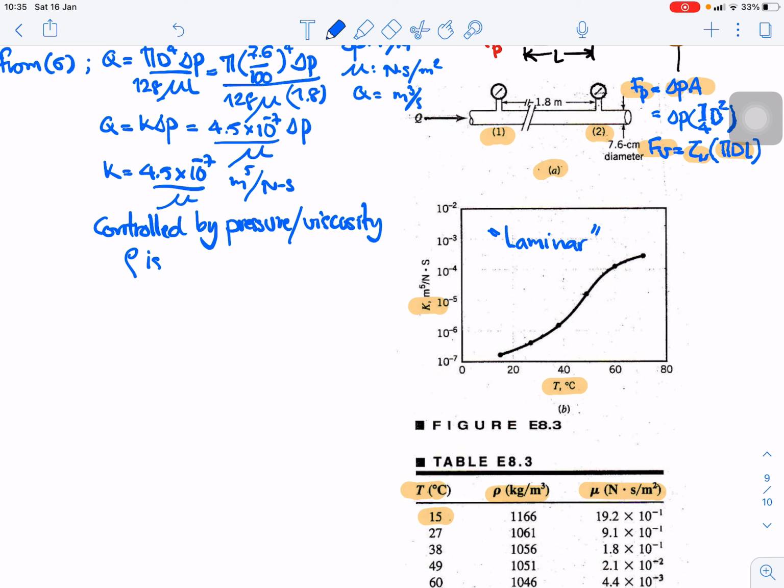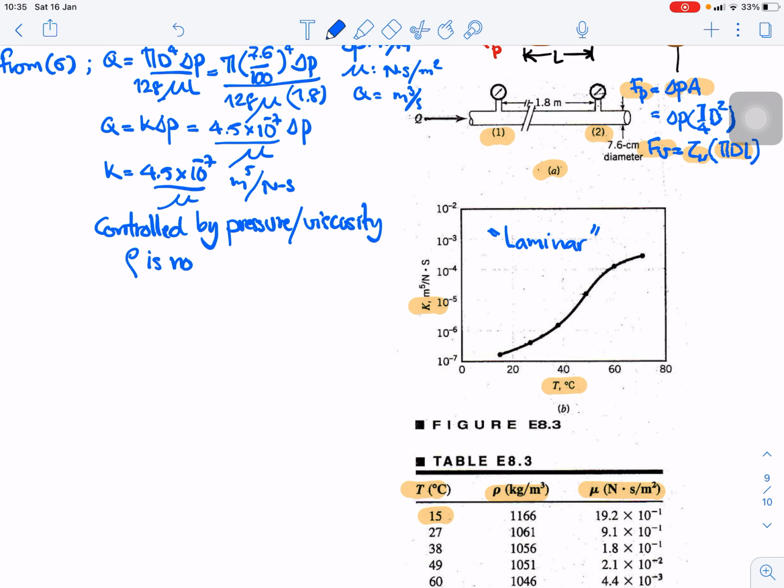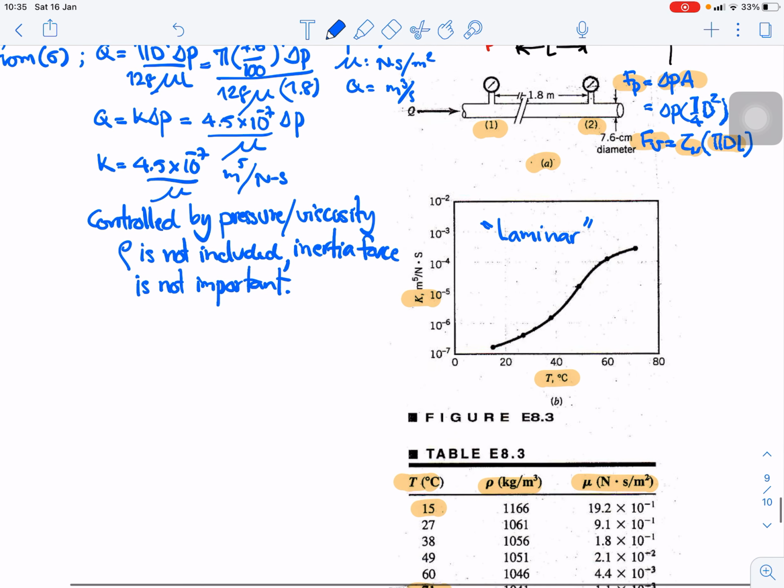In this case, the density is not included, because in the shear force it is not important. So from the temperature we can find the viscosity, and from the viscosity we can find K.